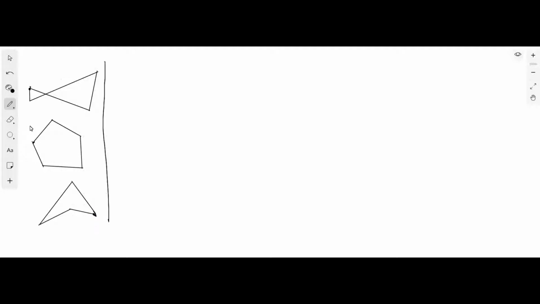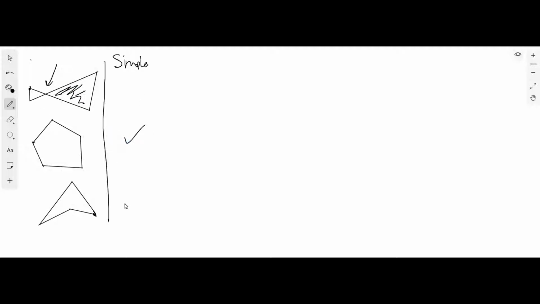First of all, we want to talk about whether or not it is simple. Well, this figure has a cross. It has two totally separate interior spaces. If I tried to use the fill tool to color everything here, it would only cover one section, and there's a totally separate section, so this is not simple.